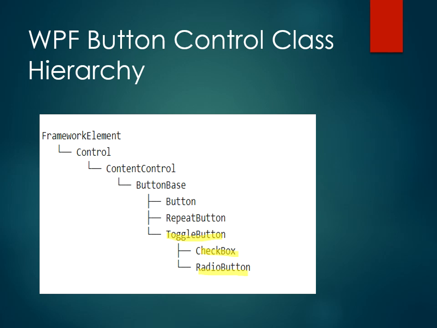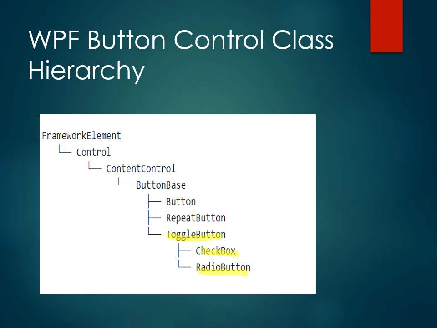It's an important interview question. And the other one is, what is the difference between label and text block? As I told, text block is not a control. Even though text block lives in the System.Windows.Controls namespace, it is not a control. It is derived directly from framework element. Label, on the other hand, is derived from content control, as you've seen in the class hierarchy.